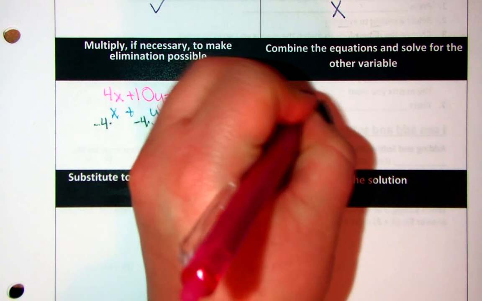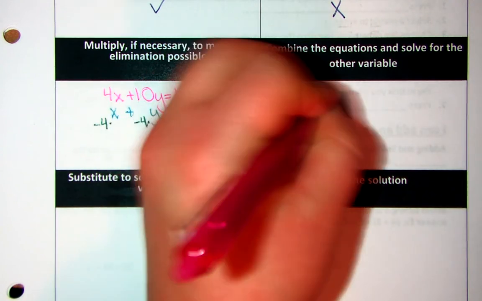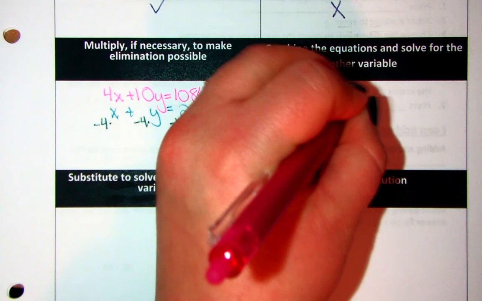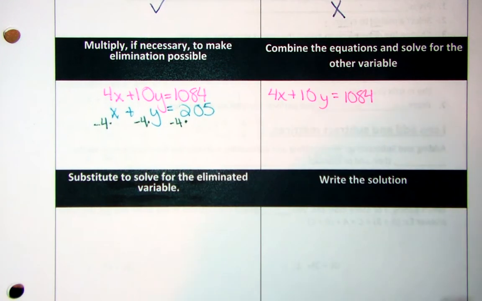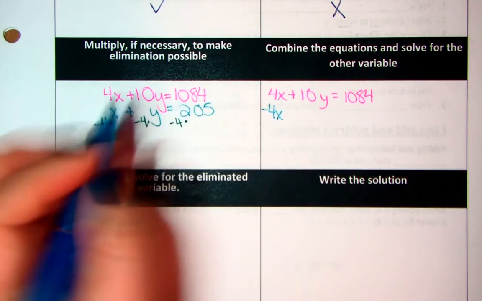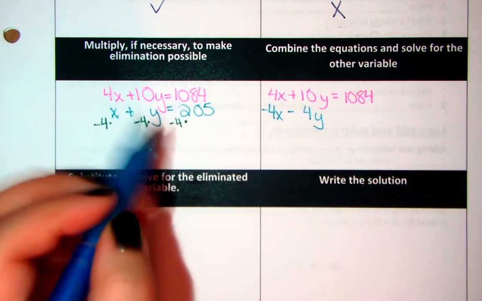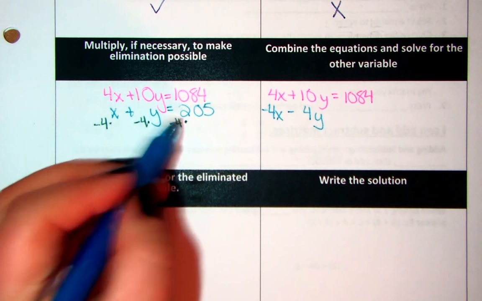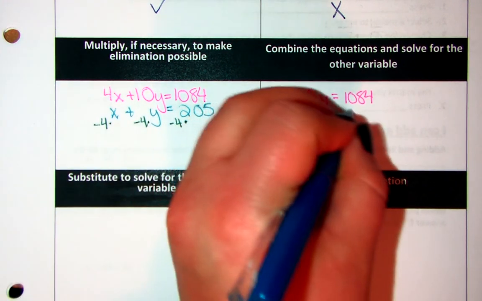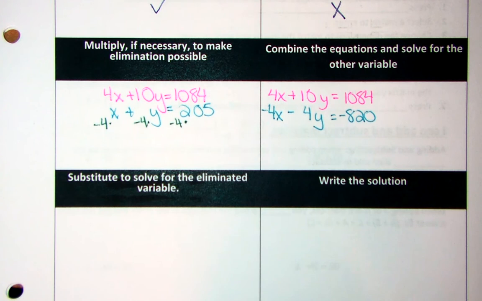Once we do that, of course, our pink equation is going to stay the same. But our blue equation will become -4x, -4y, and -4 times 205 equals -820.